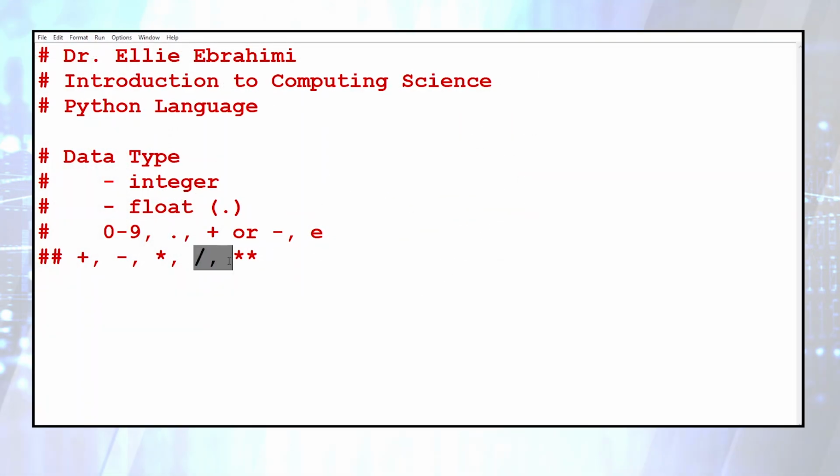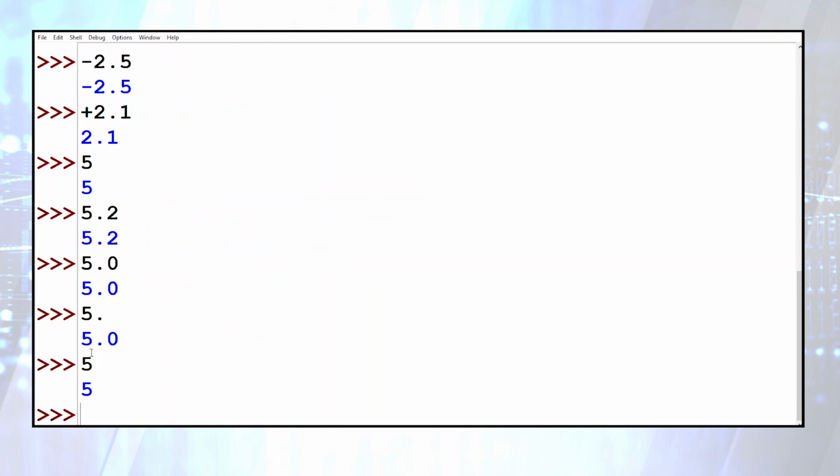With all of these, with the exception of division, I'm going to separate division from the rest, it's going to look at the type of the operands that you have, and it's going to make a decision on the type of the result, right?